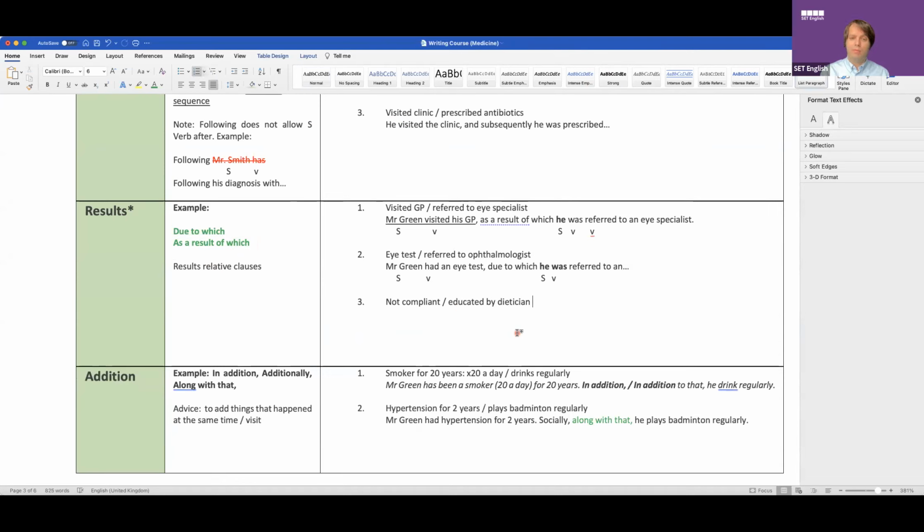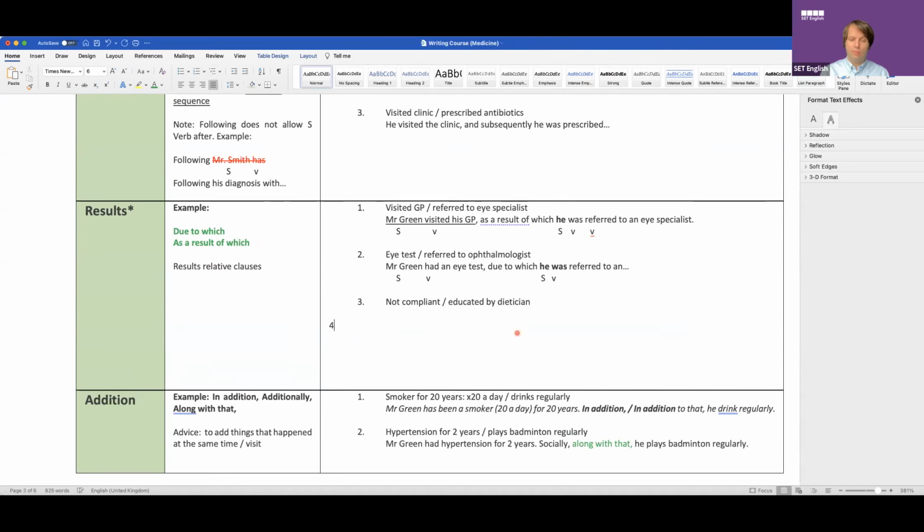Let me just do one more. Just type into the chat, guys, and then you can have a bonus one here. Okay, as a result of which, due to which, just try and make a sentence. It's the kind of sentence you want to put in your timelines.